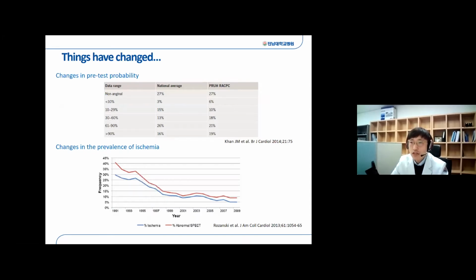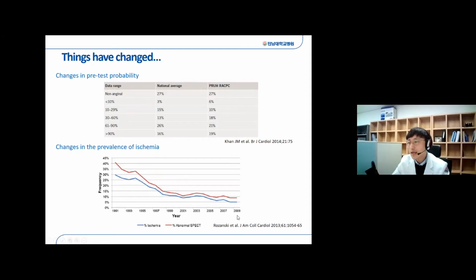Unfortunately, things have changed, which is worse for nuclear medicine physicians. Here, in this table on the far left, these numbers stand for the pretest probability using the classical pretest probability criteria, but the actual pretest probability was not identical to the original classification, and the actual prevalence of myocardial ischemia is gradually decreasing.